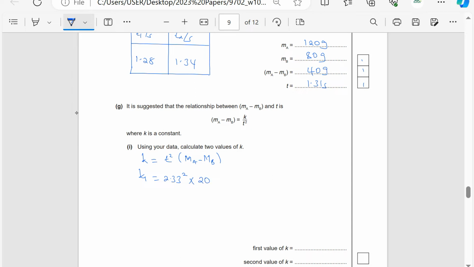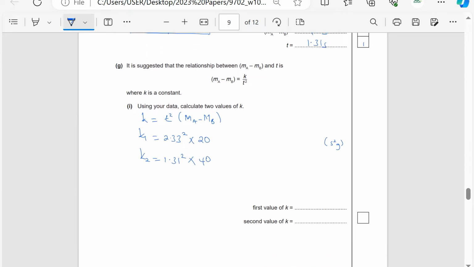without changing the units. Then k2, the value of times 1.31 squared times ma minus mb, which is 40, without changing the units. Of course, if we wanted the units, k1 would be seconds squared times g, but units are not required here.